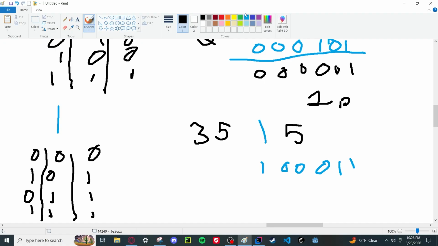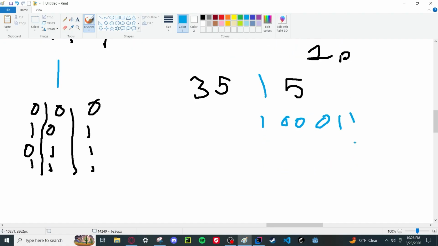Okay, anyways, back to the problem, right? So we have 35 or 5, so that's going to be 1, 0, 1. 1, 0, 1 is 5, and 35 is 1, 0, 0, 0, 1, 1 with place values 1, 2, 4, 8, 16, 32.